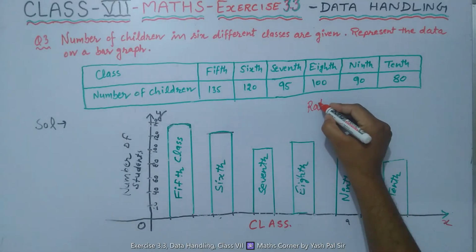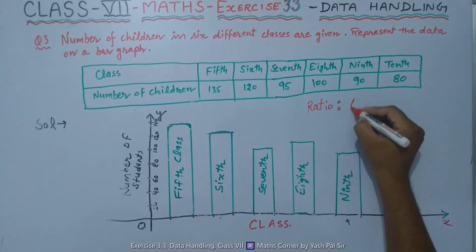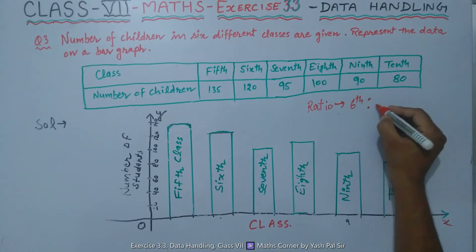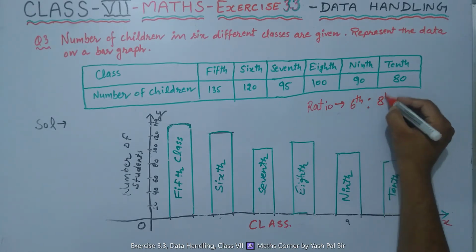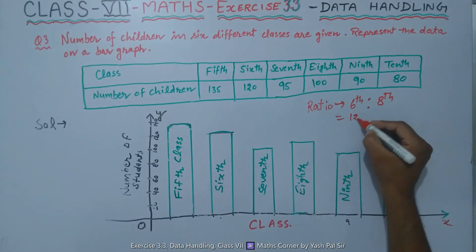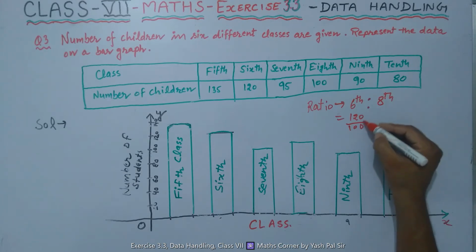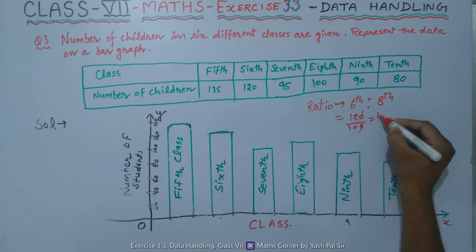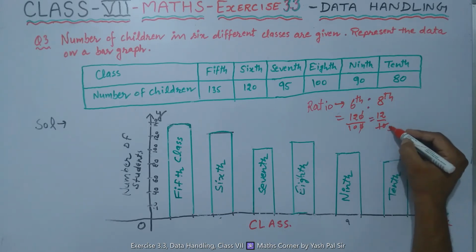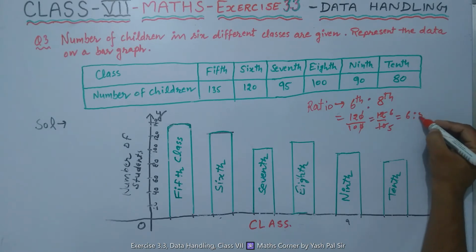So here ratio of the students of class 6th to class 8th is equal to, in 6th class we have 120, divided by in 8th class we have 100, 0 cancelled, 12 upon 10, 5 2s are 10, 6 2s are 12, so 6 ratio 5.